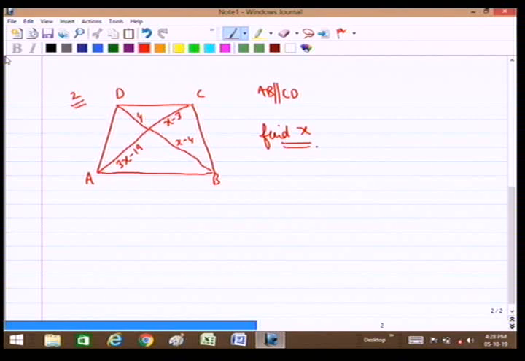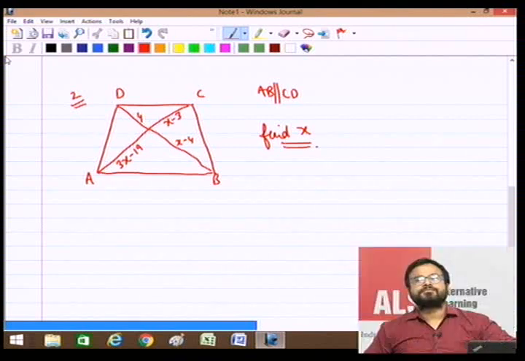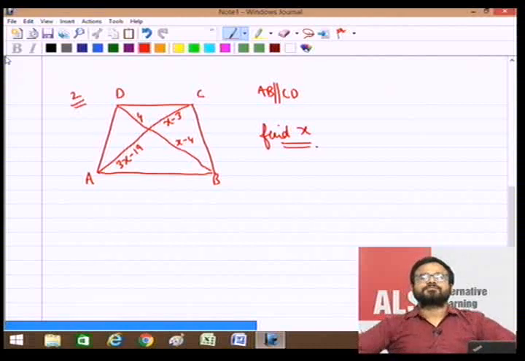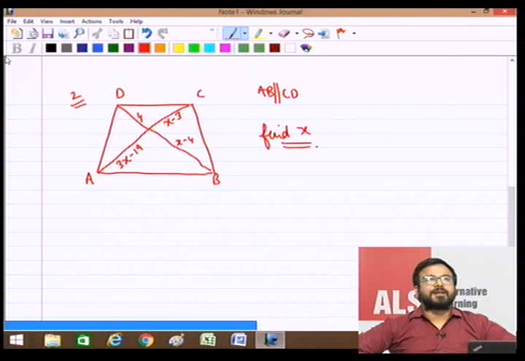What is the answer for this one? Based on the similar triangle, this is a trapezium.